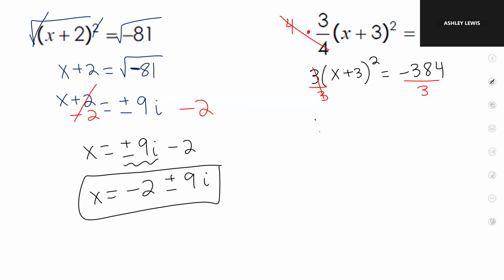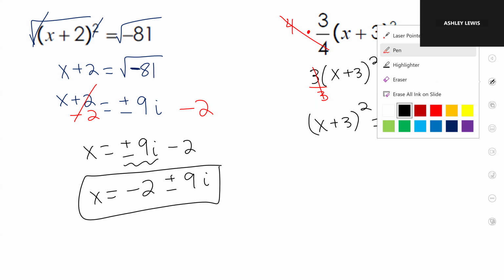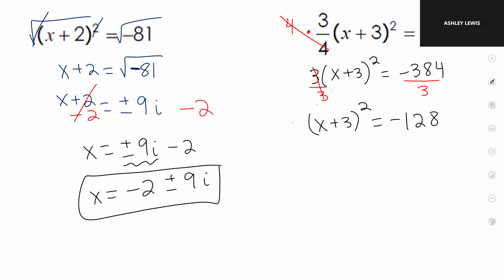I'll get x plus 3 squared equals -128. What do I do now? Yep, we're going to square root both sides. Those square roots and the squared will cancel, and square root this side. So my answer is x plus 3 equals plus or minus the square root of -128.